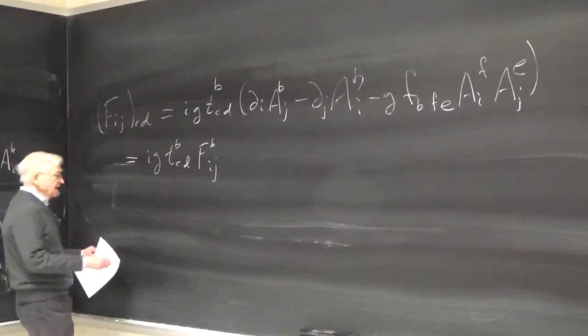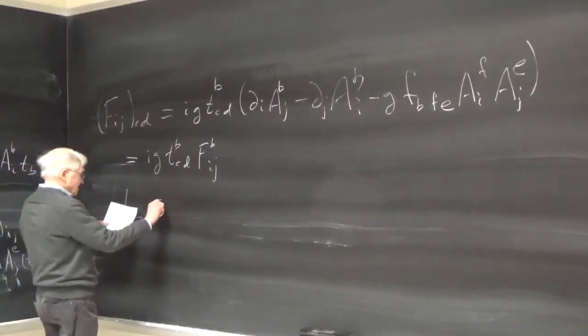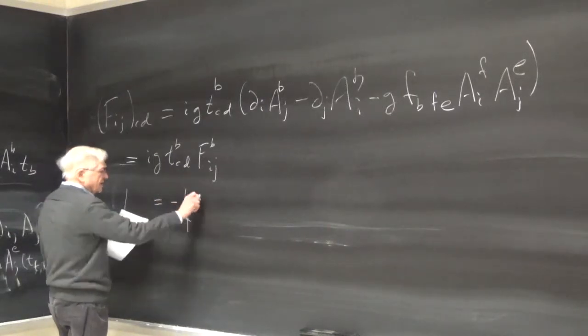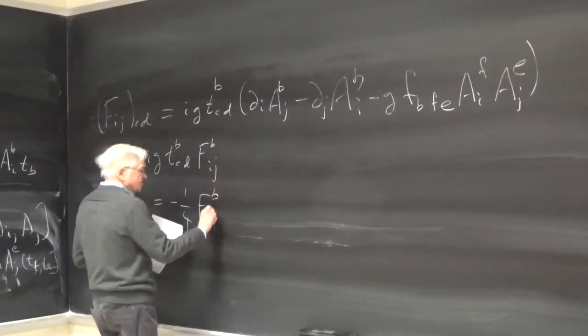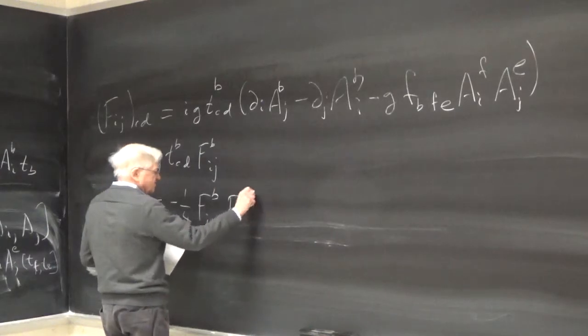Okay. The action density is minus a quarter F^B_{ij} F^B_{ij}.